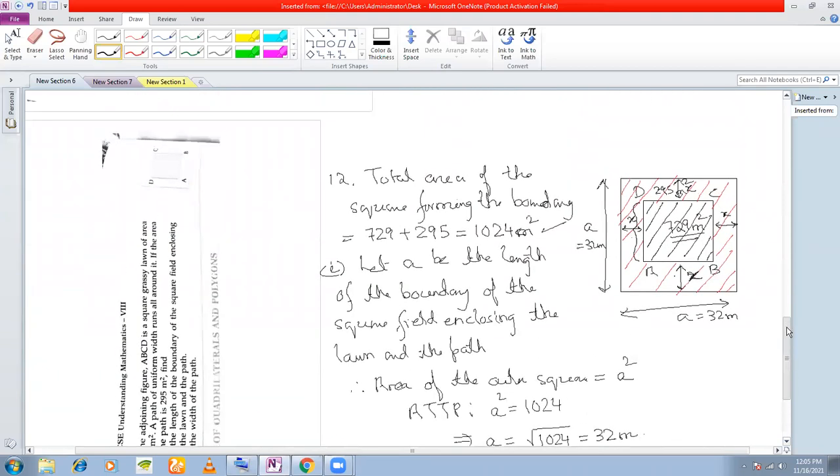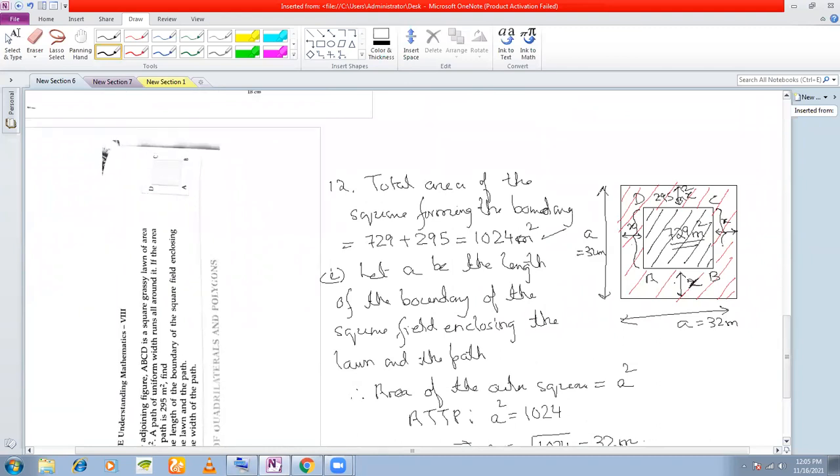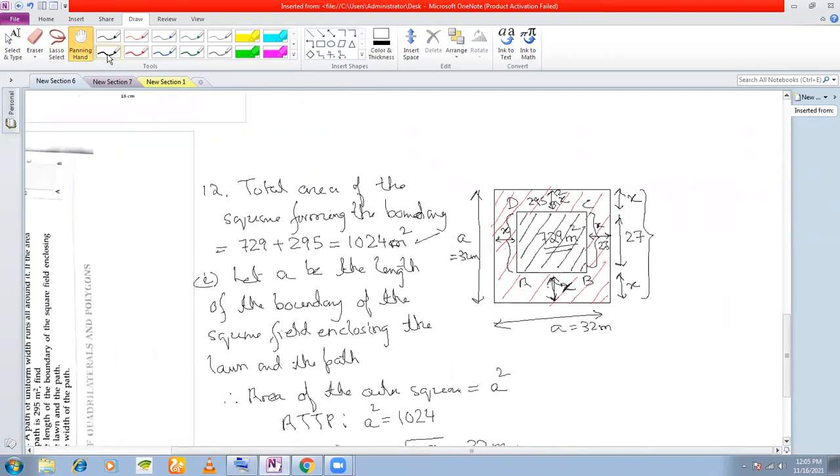Right. Now, what have we found out here? Which one is 27? This length here is 27. All this length here is 27. That means what should be the width here? What should be this x? Now, if you see, this length is x, right? This length is 27 and this length is x, right? So what is the total length here? 27 plus 2x, right?